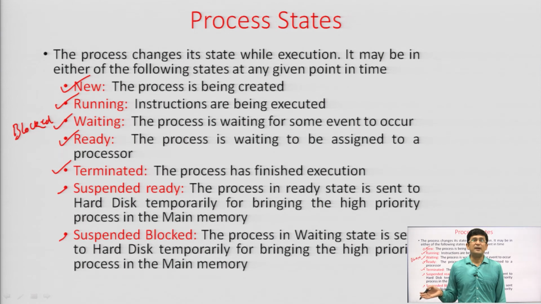It means that process will be temporarily blocked or temporarily sent to the hard disk, and when the high priority process which is just brought in has completed the execution, that process will be brought in again. So, we are suspending the given process for a short amount of time, and then we will be bringing that process once again to the main memory. So, this is called the suspended ready state.